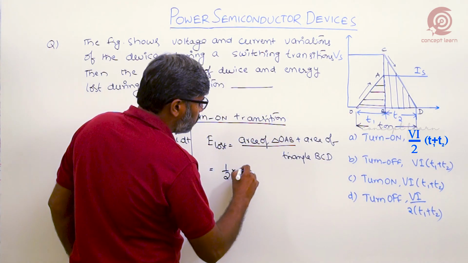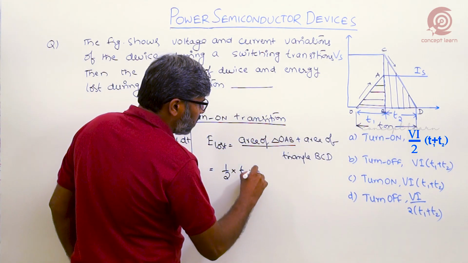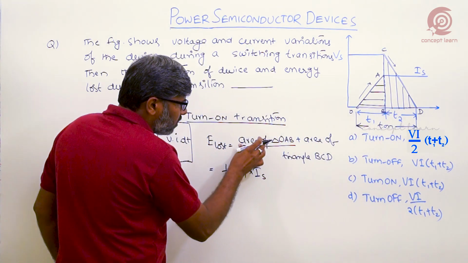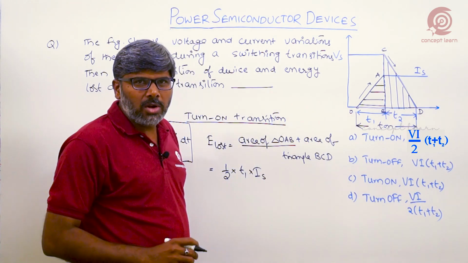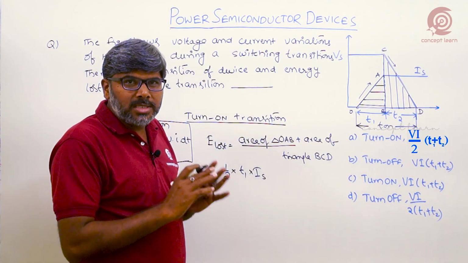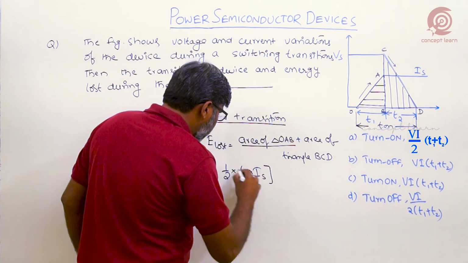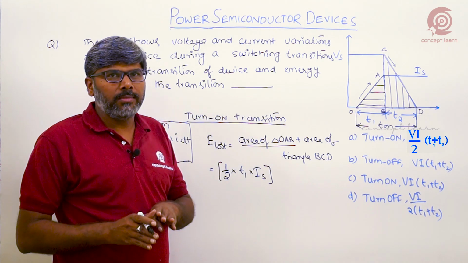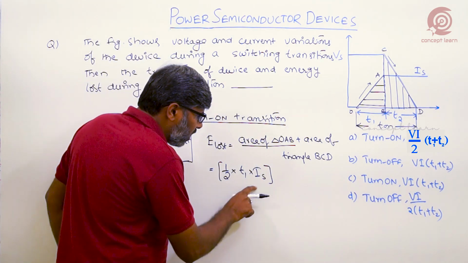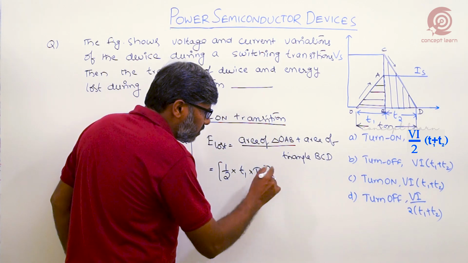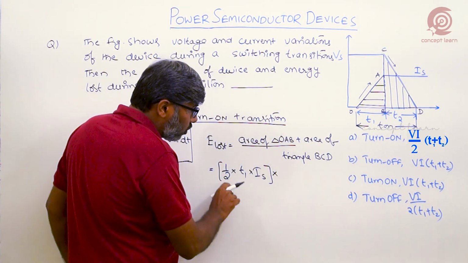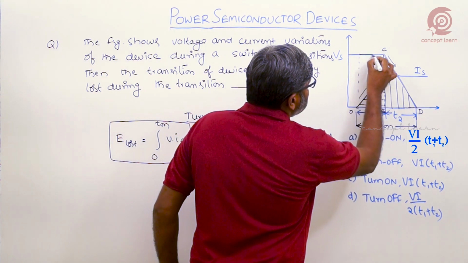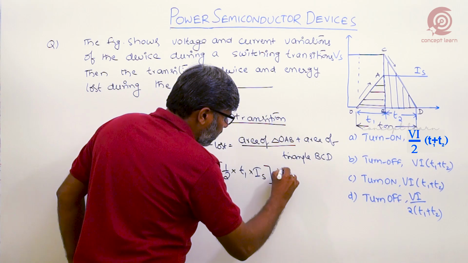Half into T1, base, into height, which is Is. What does the area of triangle OAB give? Ampere second area, right? And basically what is the energy? V into I into T. So this is the ampere second area into what is the voltage during this period, T1 period? Voltage is the steady value Vs.